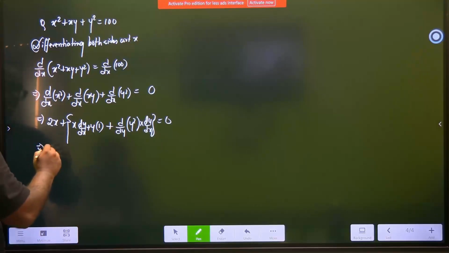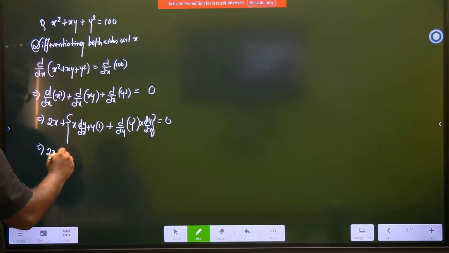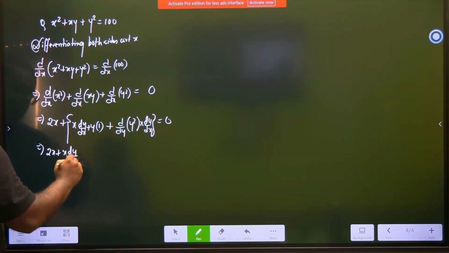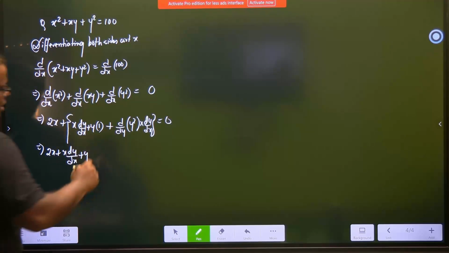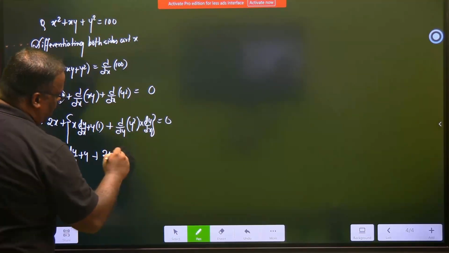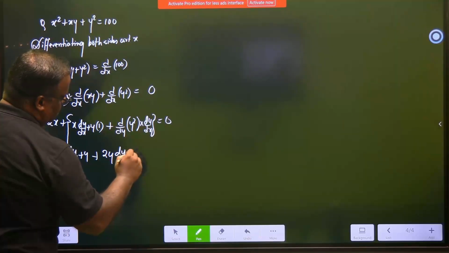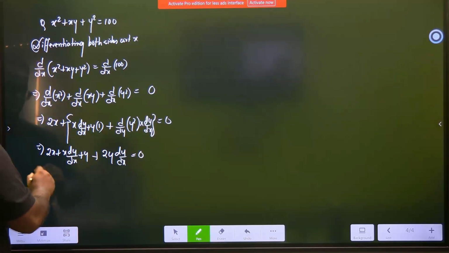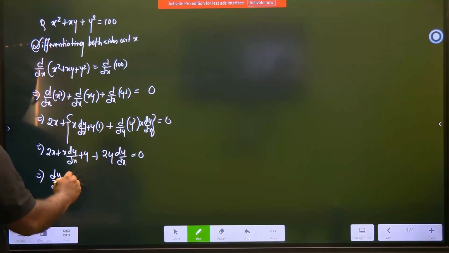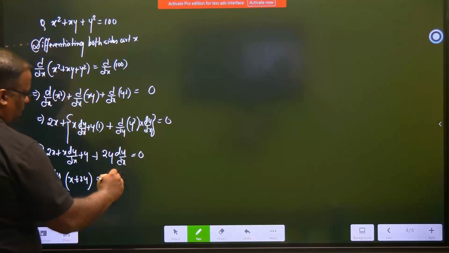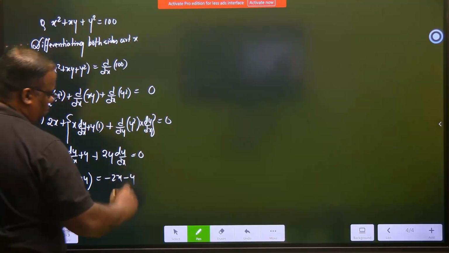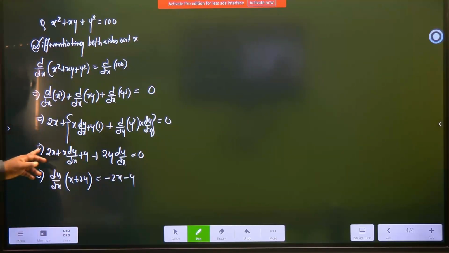Further, 2x plus x dy by dx plus y plus 2y dy by dx equal to 0. Time for us to take common dy by dx: (x plus 2y) is equal to minus 2x minus y.